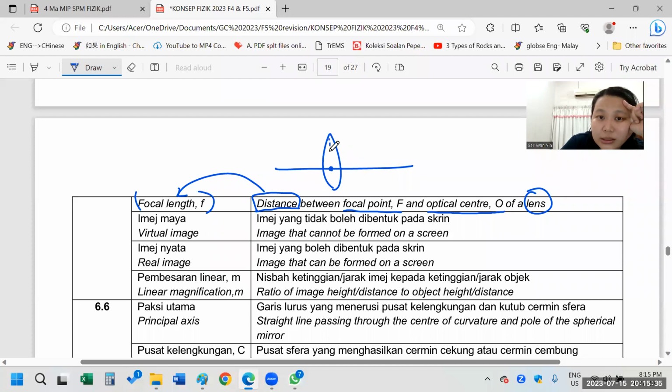Here is the center of the lens, then this is F. So here, this is the focal length. Normally for a point we use a capital letter, but for a length we use a small letter, like in your maths. Normally we label points A, B, C, and then a length we label x, y, z, small letters.